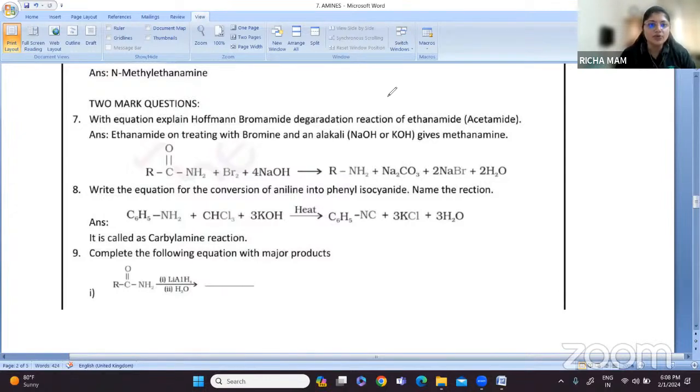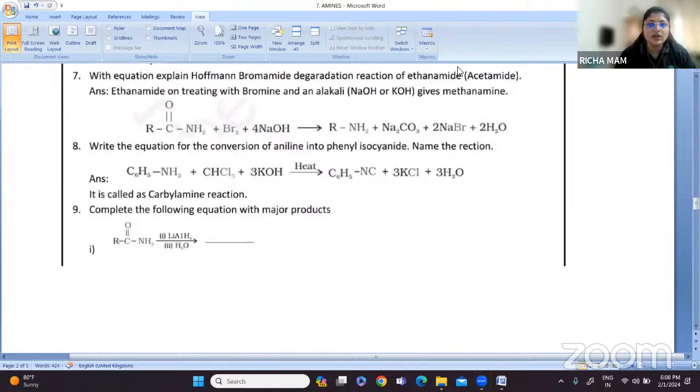Okay, fine. Moving forward, next question. Write the equation for the conversion of aniline into phenyl isocyanide, and name the reaction. Aniline is C6H5NH2, an NH2 substituted benzene.